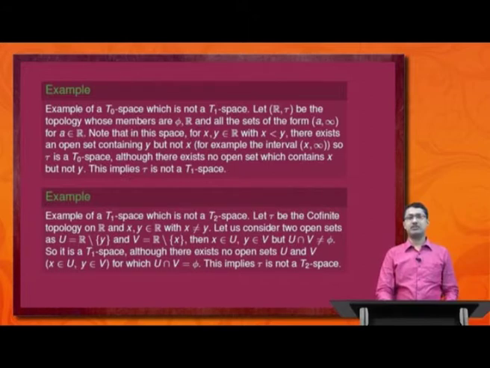Then obviously x belongs to U and y belongs to V, but U intersection V is not equal to phi. So it is a T1 space, although there exist no open sets U and V such that x belongs to U and y belongs to V for which U intersection V is equal to phi. This implies tau is a T1 space, but not a T2 space.